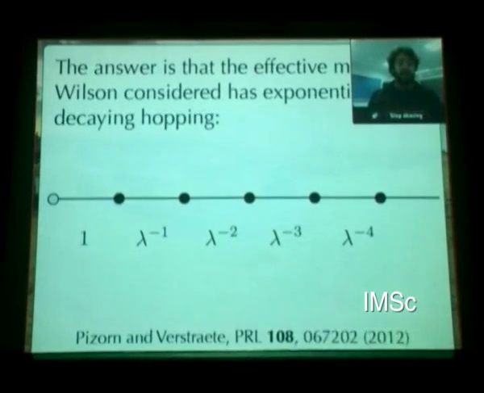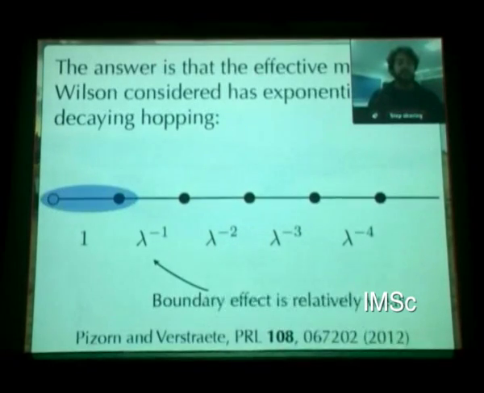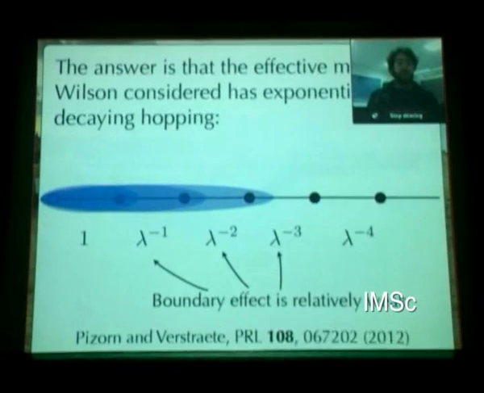But now if you please click on the slide, it shows how you can group the sites together in the NRG. And so in the NRG, the other day I showed it kind of blocking many sites all at once. But the way it was really done was that you first group the first two, find its energy eigenstates, then the next two. And you see that each time, the coupling that's coupling those sites to the rest of the system over to the right is relatively weak, down by a factor of lambda, or like 1 over lambda compared to the energy scales of the sites that are grouped.